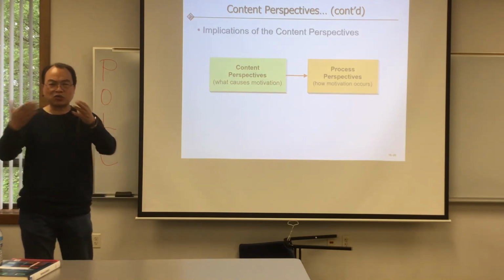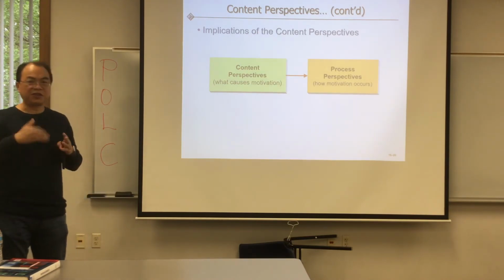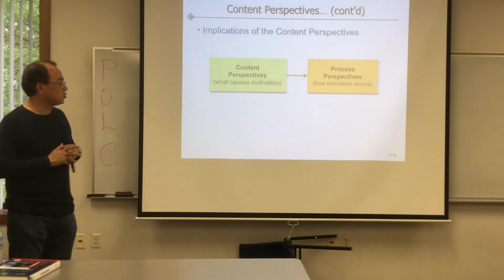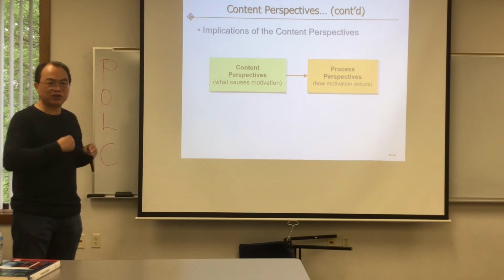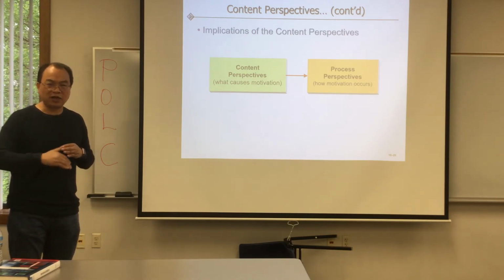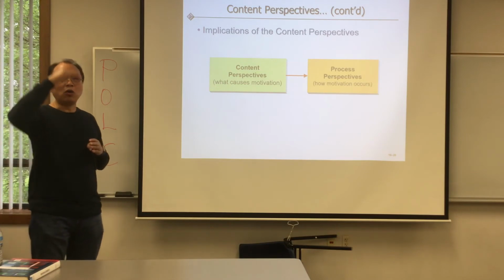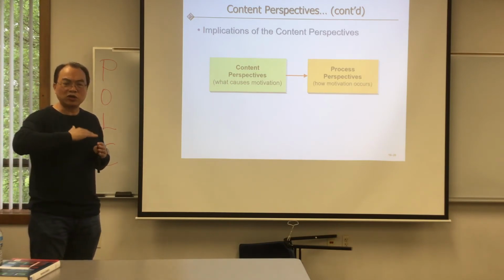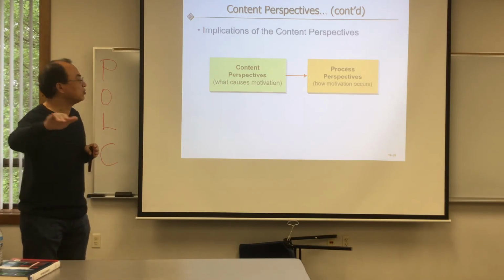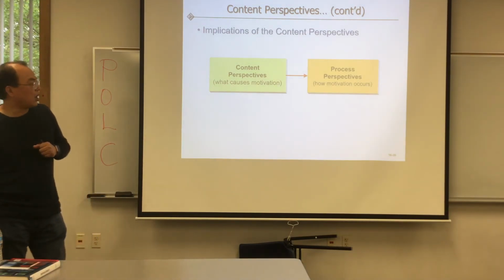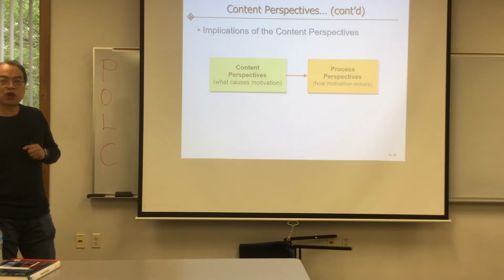I want to go to the next one right now, the process perspective. It's really talking about how motivation occurs. I mentioned it earlier, right? Normally, if you have a higher goal, then you will try harder to reach that goal. So that's the process perspective, talking about how motivation occurs.